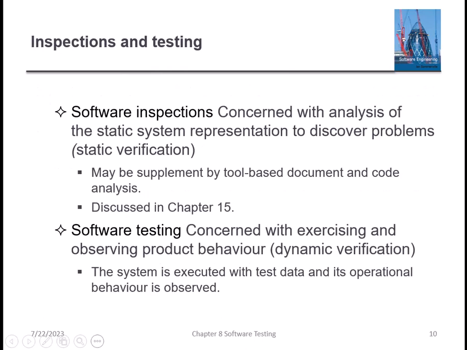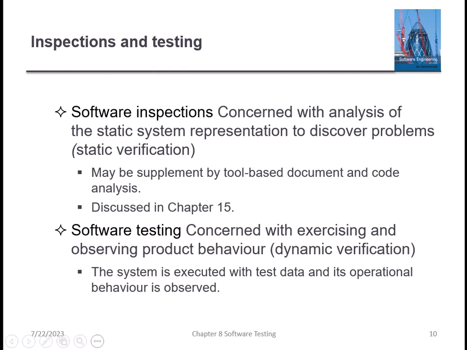Now we come to inspection and testing. What is the difference between these two? Software inspection is concerned with analysis of the static system representation to discover problems. It is also called static verification. Static verification and inspection lie in the same category, but the organization of the team differs.